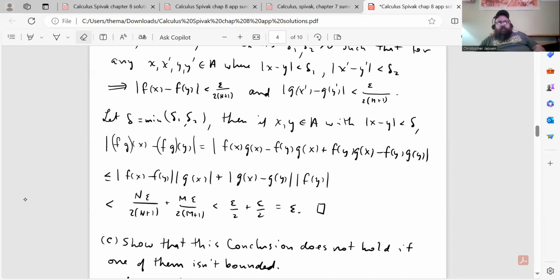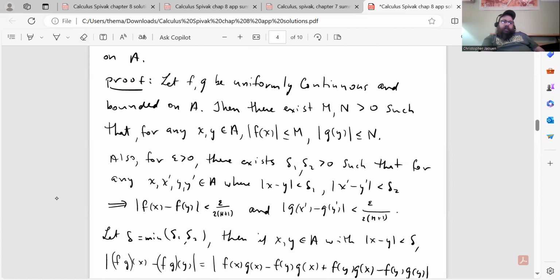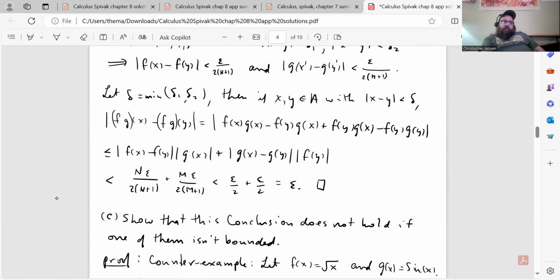So the first term is less than epsilon over 2 times (n plus 1), and the second term is less than epsilon over 2 times (m plus 1). If you add those together, that's less than epsilon over 2 plus epsilon over 2, which is equal to epsilon. So that shows the proposition here. So the proposition holds.